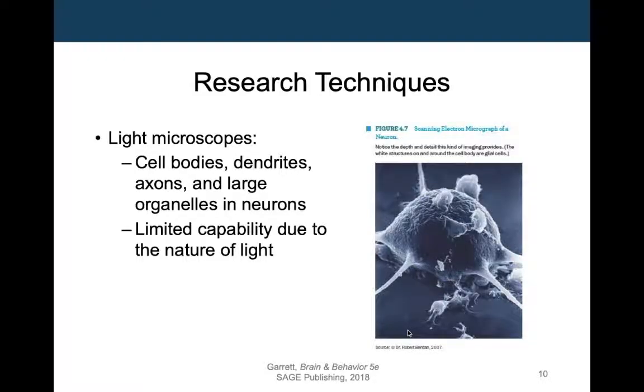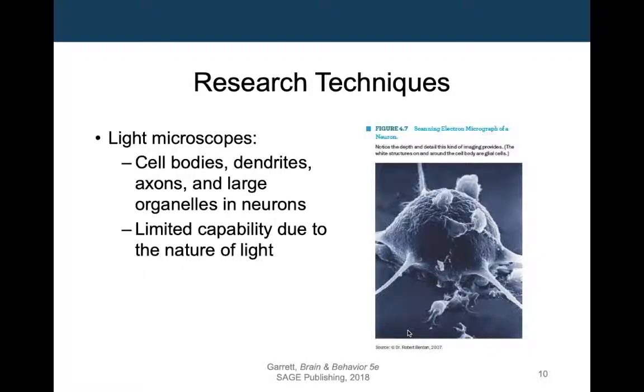So far we've talked about some of the staining and imaging techniques typically used, such as the Golgi stain, the myelin stain, the Nissl stain, as well as autoradiography and immunocytochemistry.